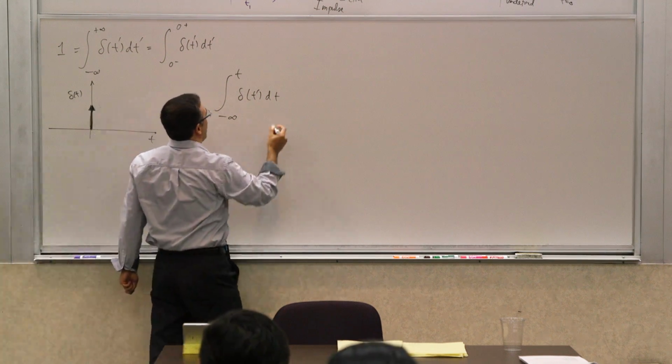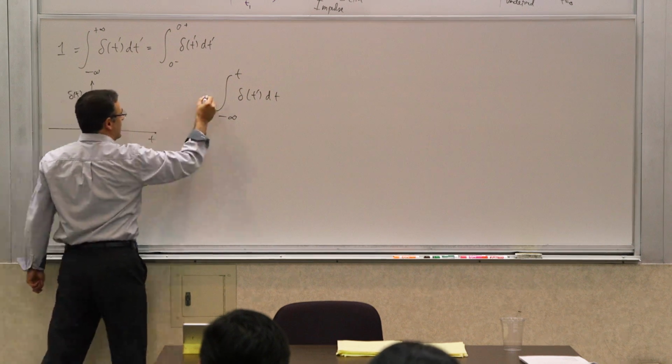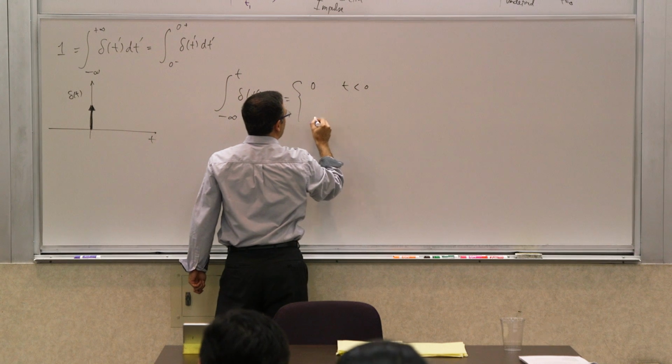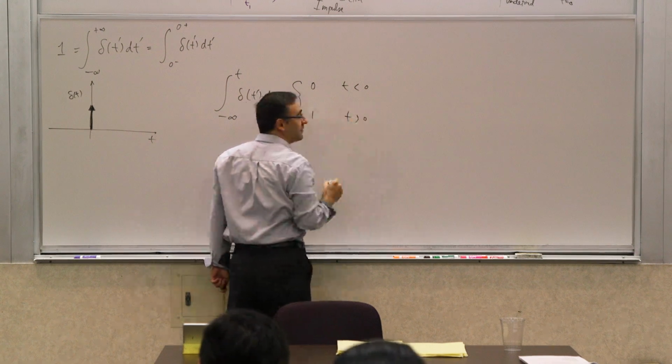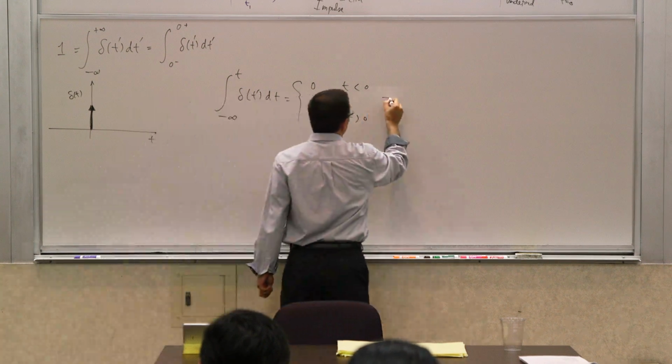So this integral is 0 for t smaller than 0 and 1 for t greater than 0, which by definition is u of t.